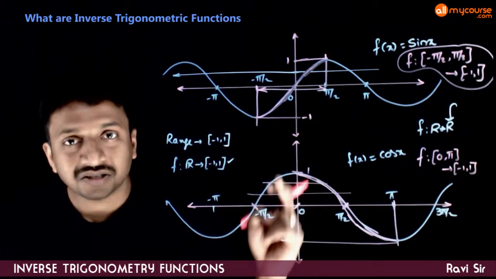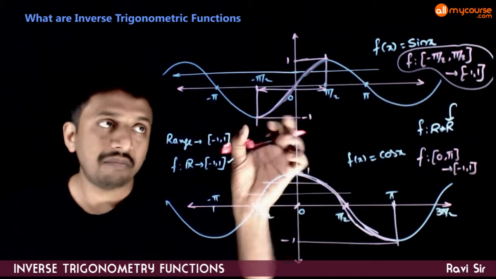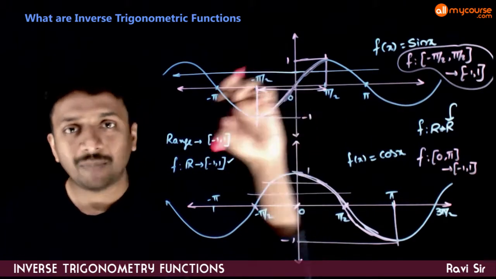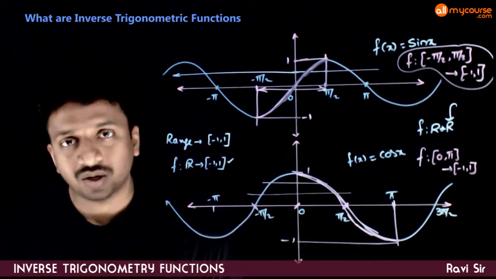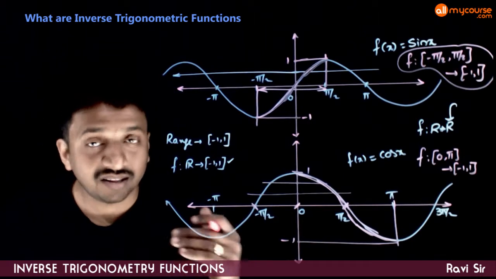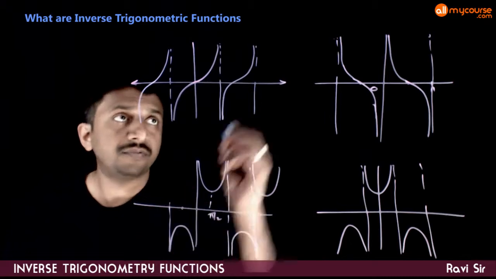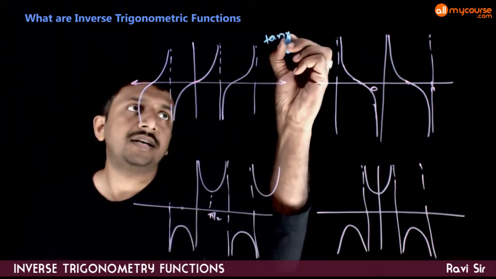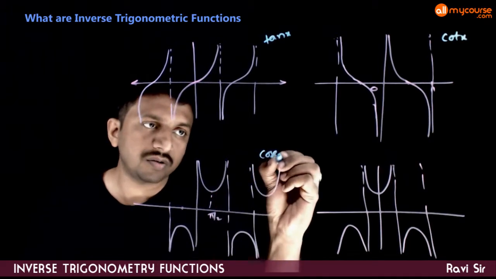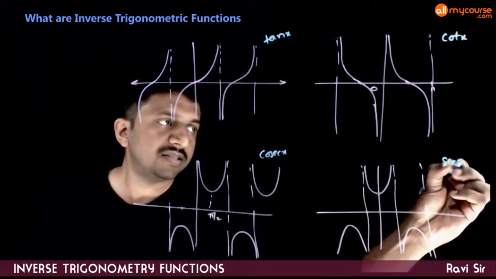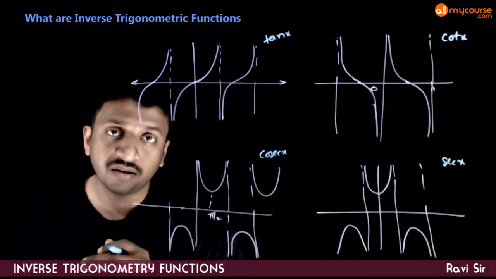So for different functions, you have different restrictions. For sine, -π/2 to π/2 and -1 to 1. For cos, 0 to π and -1 to 1. Let us look at the further restrictions for the other functions. Next, for the functions tan x, cot x, cosecant x, secant x, we also do an appropriate restriction of domain and range.